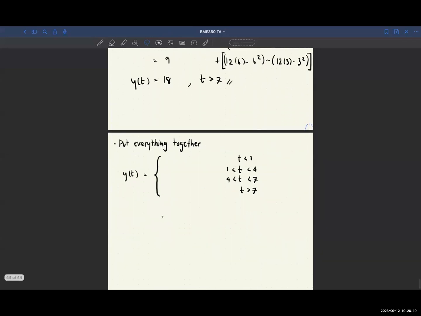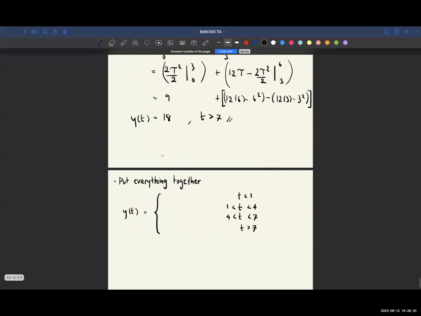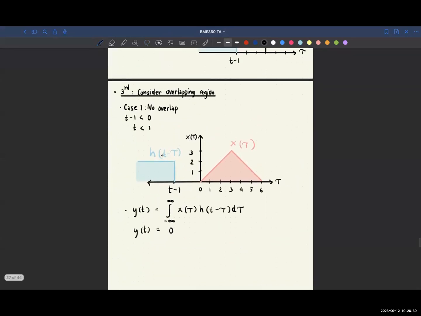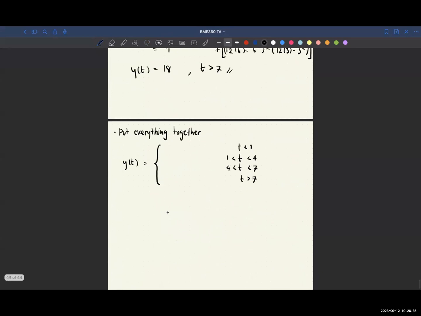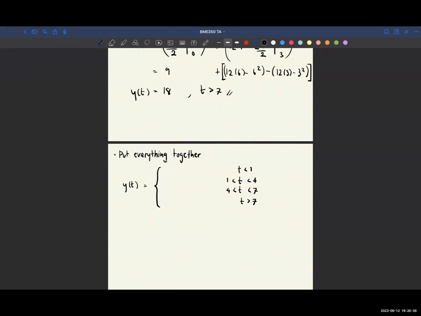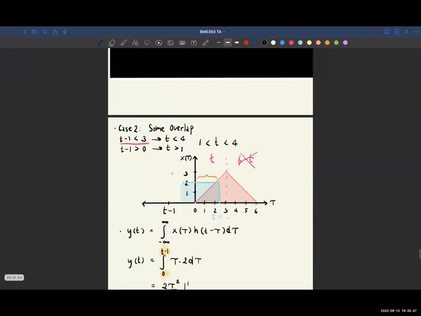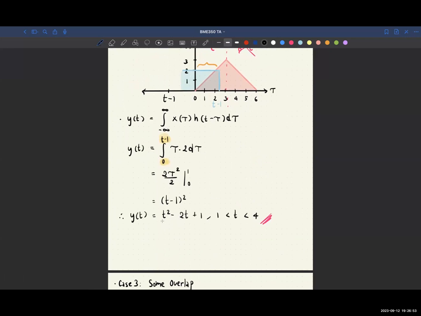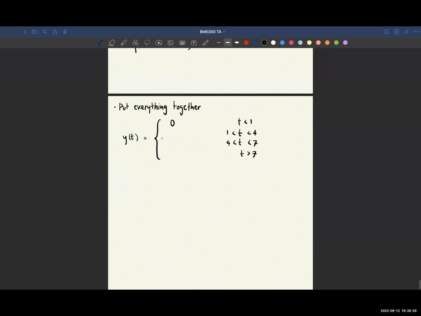Now, when you answer this question, you need to put everything together. So let's see our first scenario here. What is our equation? Oh, it's 0. So y(t) for t less than 1 is going to be 0. When t is between 1 and 4, y(t) is t squared minus 2t plus 1.